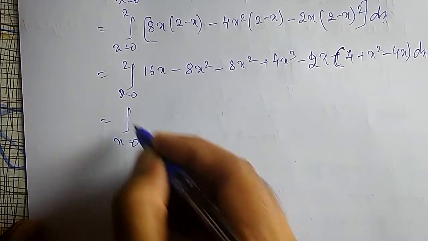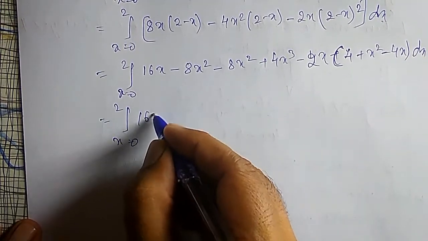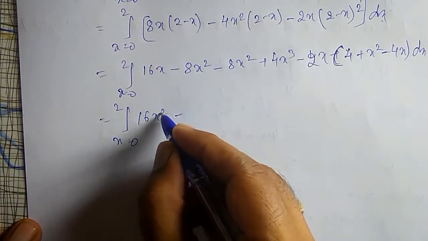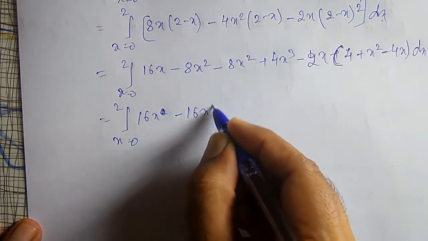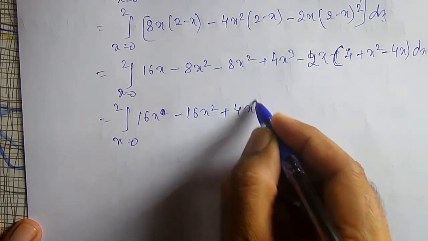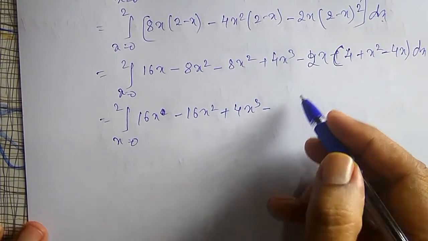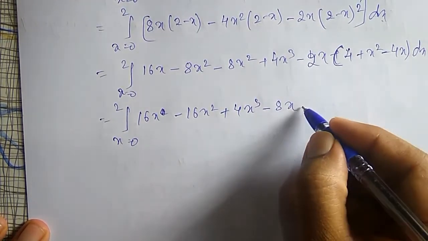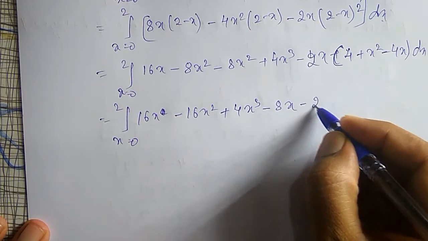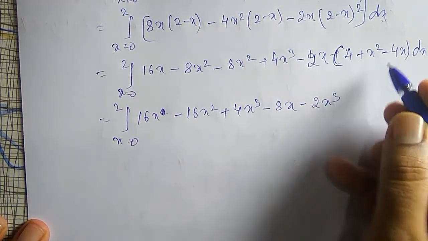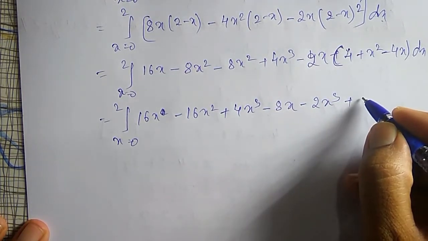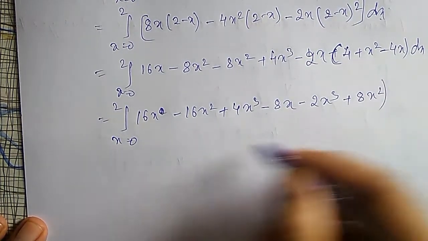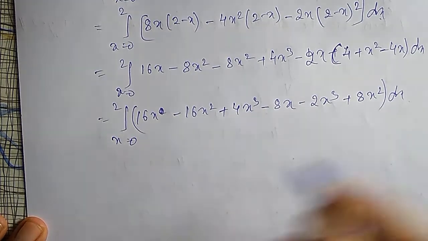Integration from x equal to 0 to 2, 16x square plus 4x cube minus 2x into 2, 8x minus of minus plus, minus 2x cube, minus of minus plus 4, 8x square into dx.